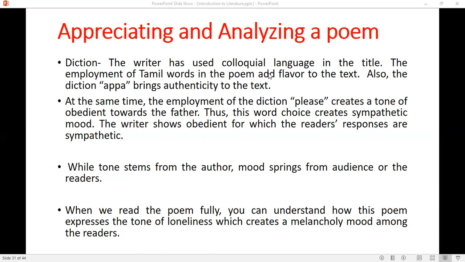At the same time, the employment of the diction please creates a tone of obedience towards the father. Thus, this word choice creates a sympathetic mood. The writer shows obedience, for which the reader's responses are sympathetic.